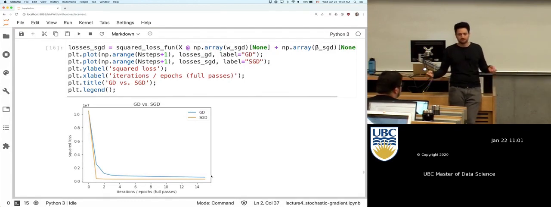So often in machine learning, we don't care that much about getting super high accuracy when we're solving optimization problems, but we'll also talk more about that next week.